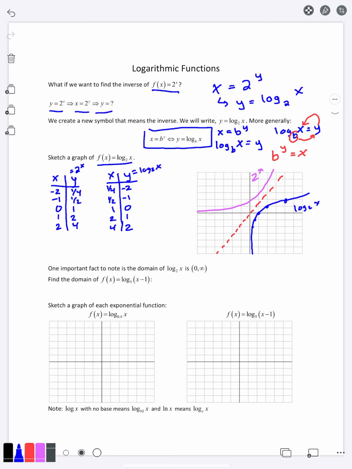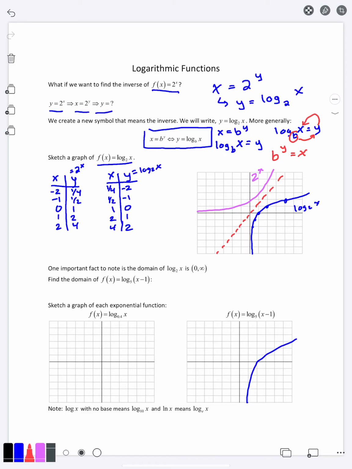So down here when I have log base 5 of x minus 1, it's going to look like that, but shifted right 1. So something like this here. And then the only thing here is that when we have log base 0.4 of x, that base number is smaller than 1 here. So it's not going to be the exact same type of graph. It's going to be flipped a little bit here.